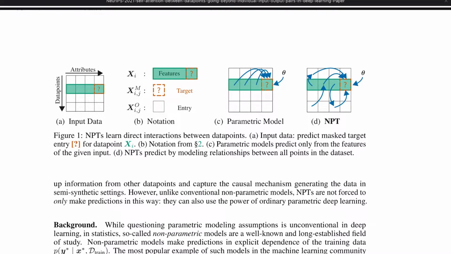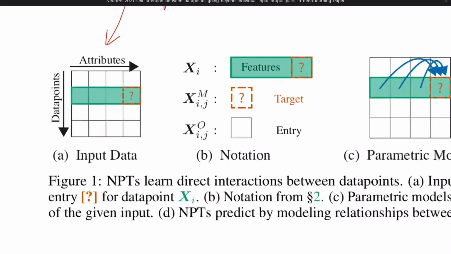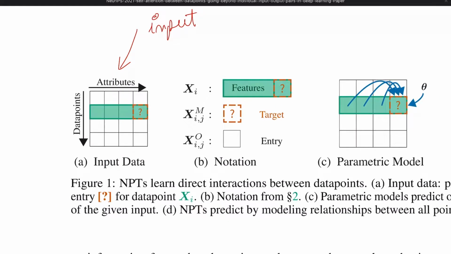Now, what's the idea that they are proposing? So this is your input data, and it's just a matrix where you have the data points and you have the attributes. And one clear point to mention is that with this model, as I understand, you do not need a training and a validation data set.